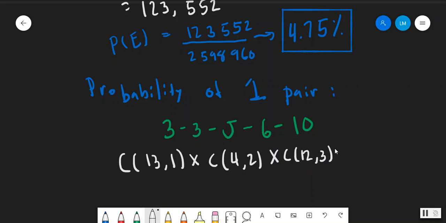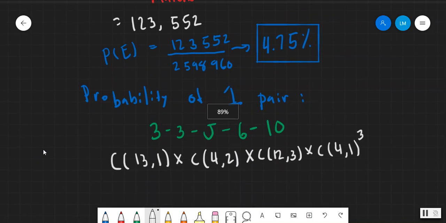But now we need to select just one suit each. So that's going to be multiplied by the combination 4 choose 1. Now that only accounts for one card of the 3, so we can just cube this, and that's going to account for the respective suit. Like if I have Jack of Hearts, 6 of Clubs, and 10 of Spades, that's accounted for by this last number right here.